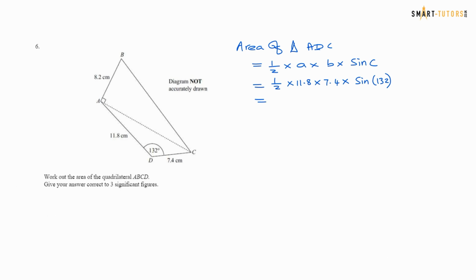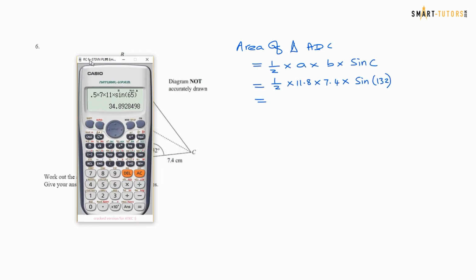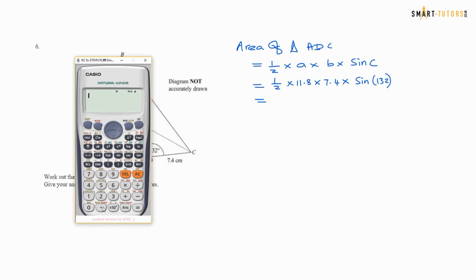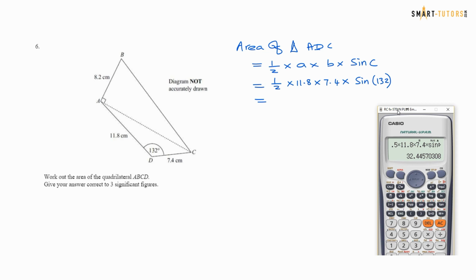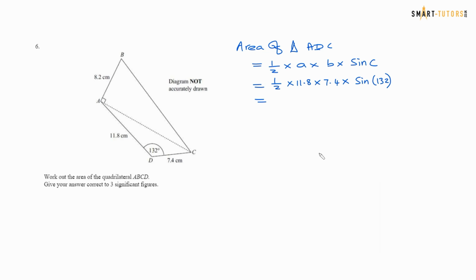Now use the calculator to figure out the answer. 0.5 times 11.8 times 7.4 times sine 132, bracket close, and the answer is 32.4457 centimeter square. That is the answer for the area of ABC.